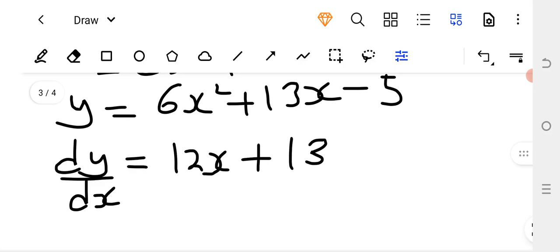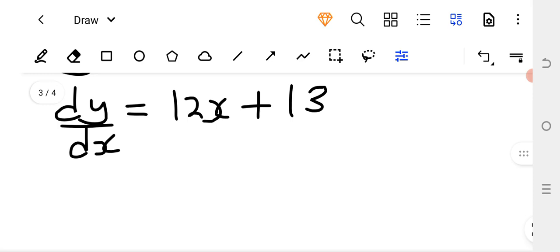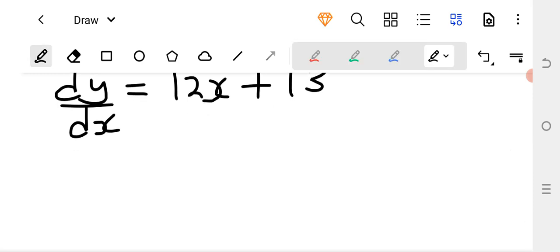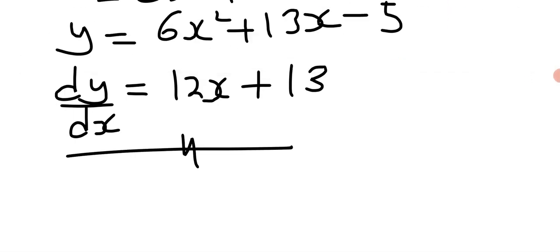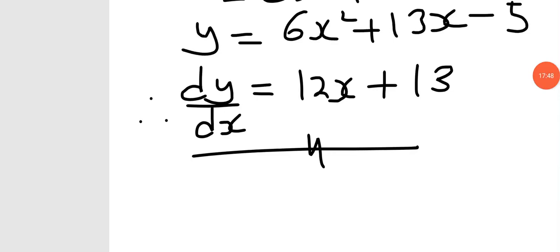So it is just simply 12x plus 13. You have seen? So this is an answer. Alright, so that is your expression for dy dx. Simple as that, 12x plus 13. So if you use the product rule, you will end up with this.